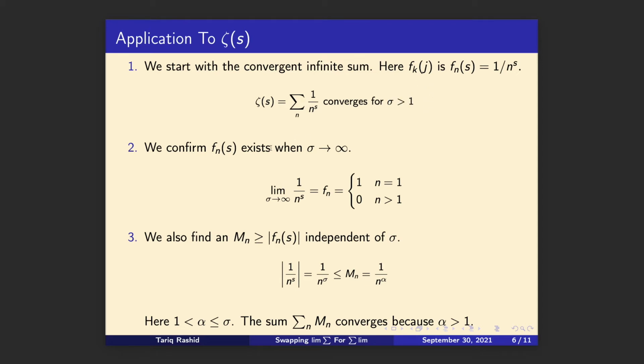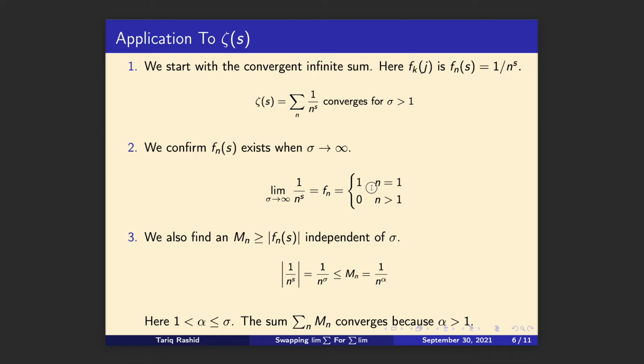Number 2 was, can we confirm that the f_n of s exists when we take sigma to infinity? So let's do that, let's see what happens. We've said 1 over n to the s, and we've already seen how the magnitude of this term goes to 0 as sigma goes to infinity, except when n is 1.